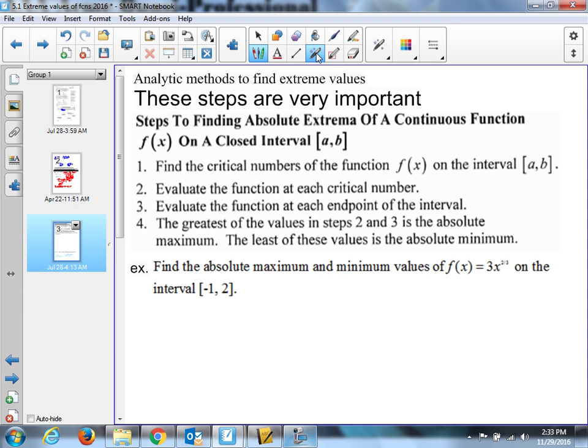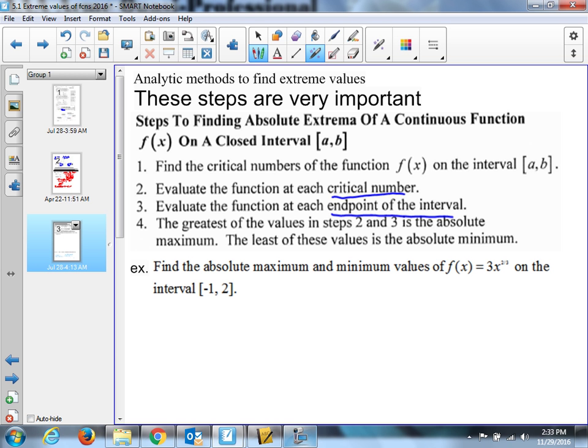So finding the absolute extrema of a continuous function on a closed interval, the absolute maximum, the absolute minimum. First thing you do is find critical numbers for the values in between what you're given. Evaluate the function at each critical number. Evaluate the function at the endpoints of the interval.